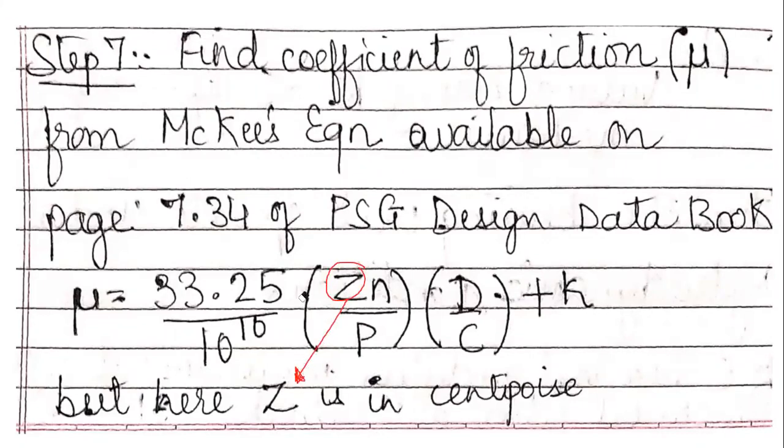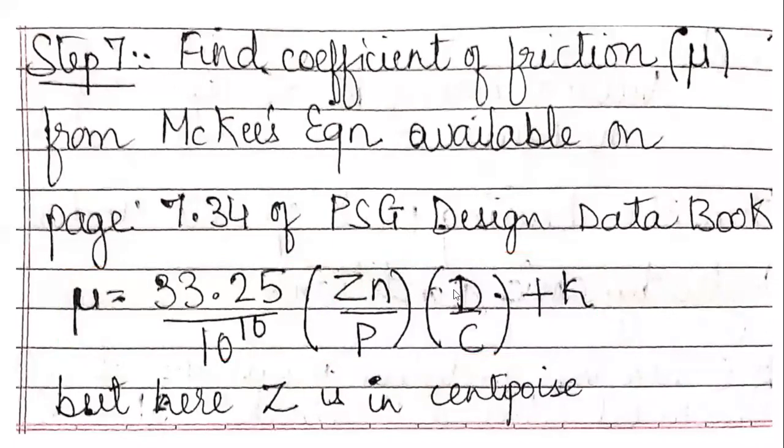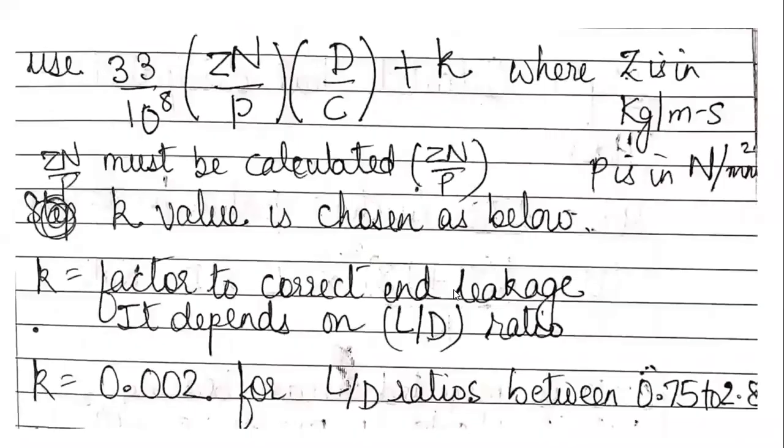So instead of this value, we will be using the value of coefficient of friction as this one: 33 upon 10 raised to 8 Zn by P D by C plus K, where Z is in kg per meter second, pressure is in Newton per mm square.